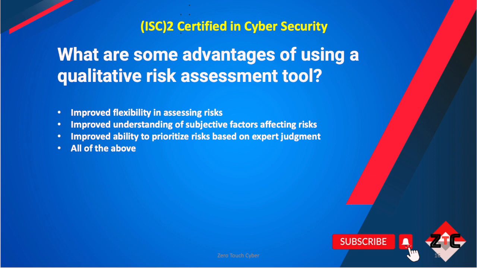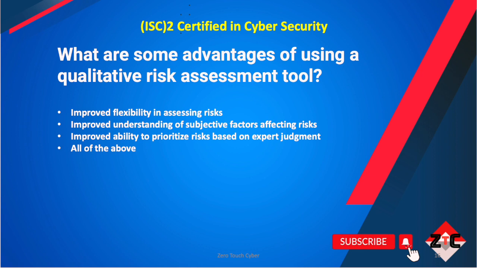One advantage of using a qualitative risk assessment tool is that it can provide improved flexibility in assessing the risks. By using subjective data such as expert judgment and scenario analysis, organizations can better understand the subjective factors affecting risks and prioritize risks based on this understanding.